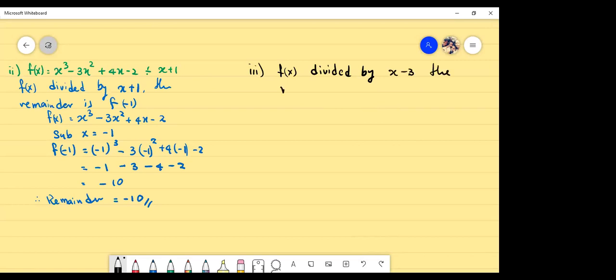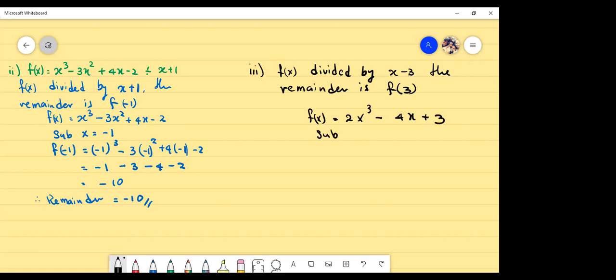The remainder is f(3). How do we take it? x minus 3 equal to 0, then x equals 3. Then we write f(x) is 2x cube minus 4x plus 3.